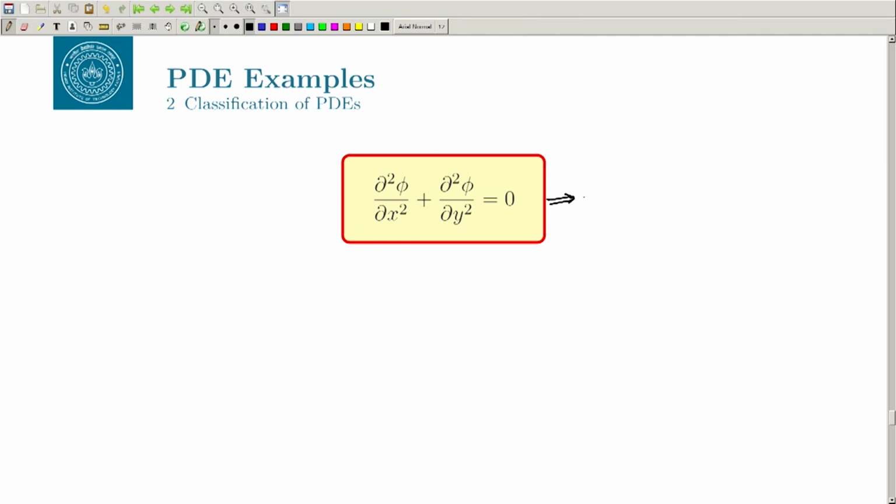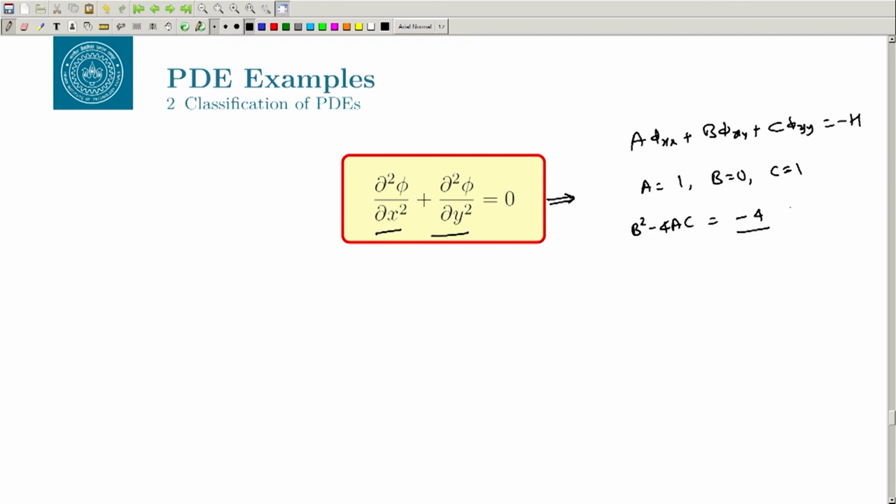So, if you write in this form: a phi xx plus b phi xy plus c phi yy equal to minus h. If you compare, this is phi xx, this is phi yy. So, your a is equal to 1, b is equal to 0 and c is equal to 1. So, your b square minus 4ac is equal to minus 4.